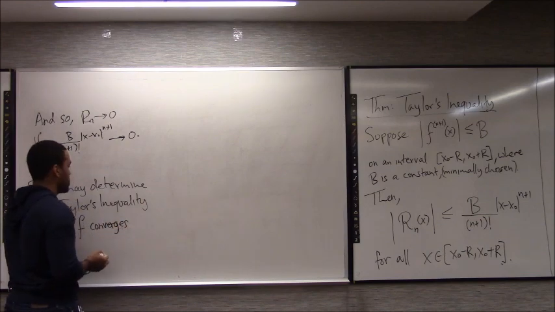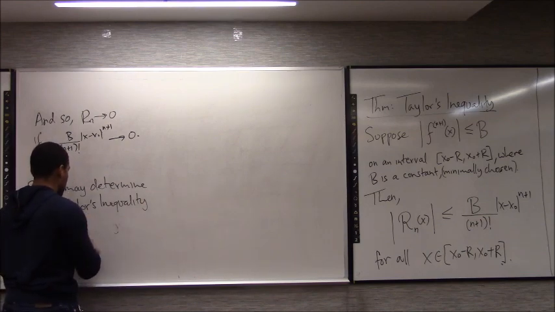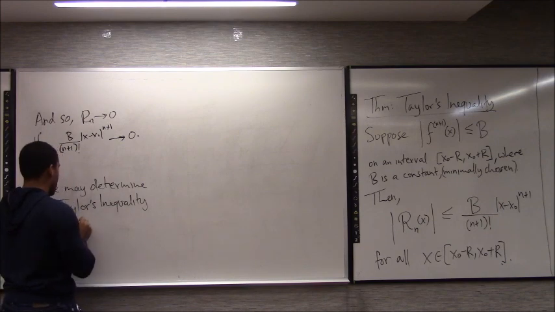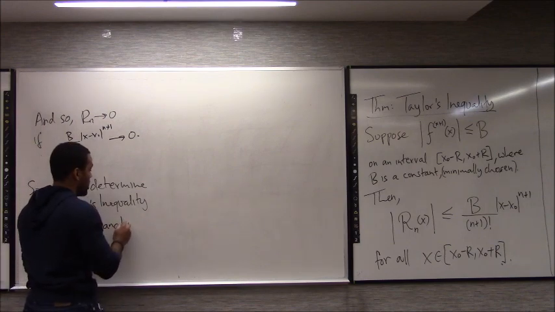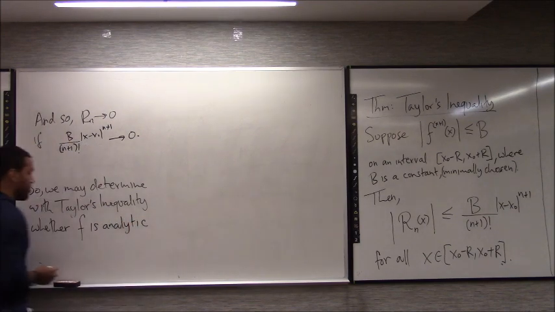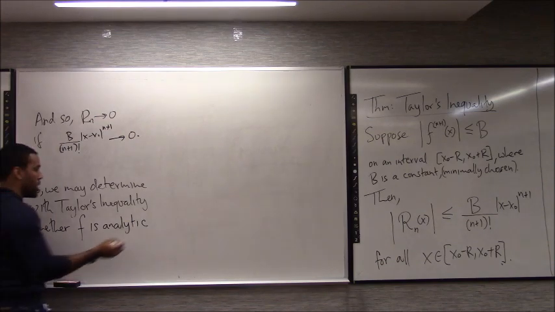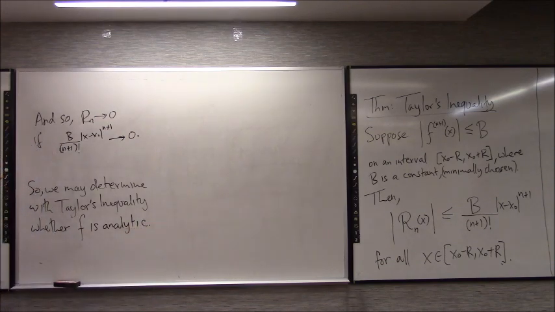The power series converges to f. Or you can even use the new phrase, whether f is analytic. Meaning the power series converges to f, and it converges in such a way that with enough terms, they're indistinguishable.